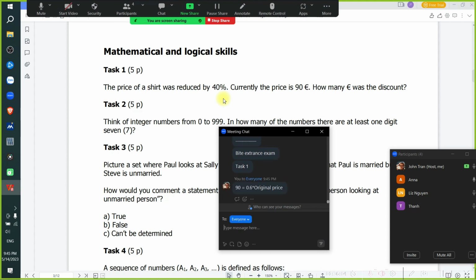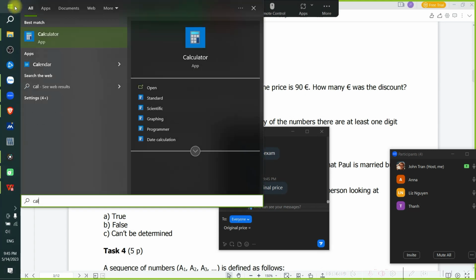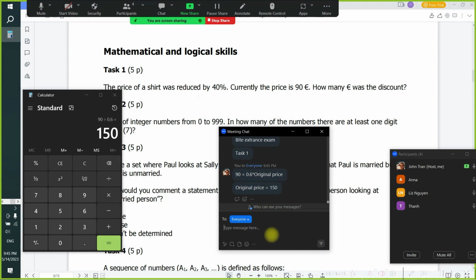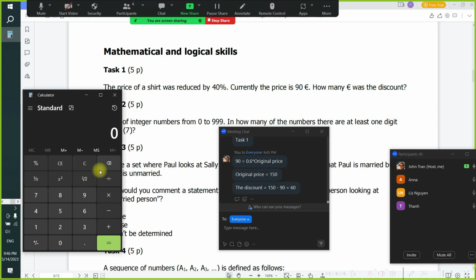So the original price is 90 divided by 0.6. It's going to be 150. The discount is 150 minus 90. You get 60 euro, isn't it? It's 60 euro actually.